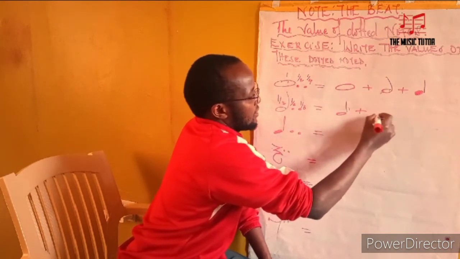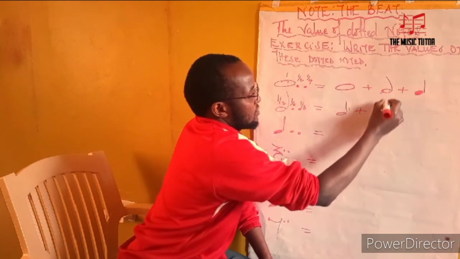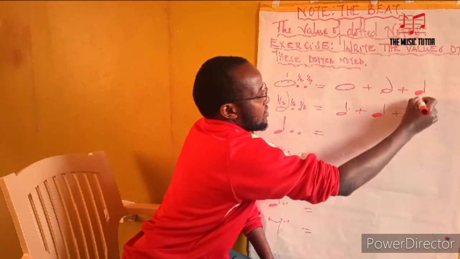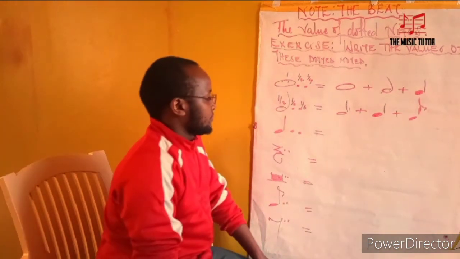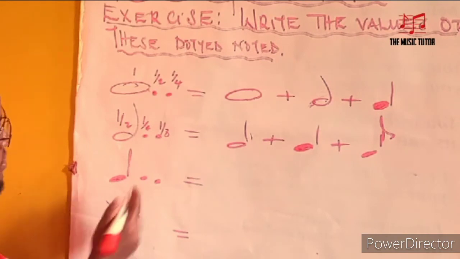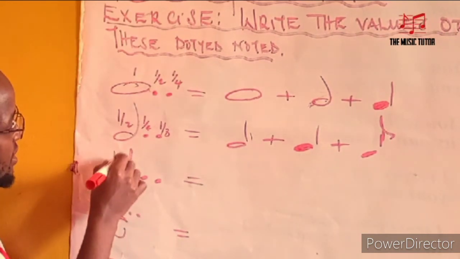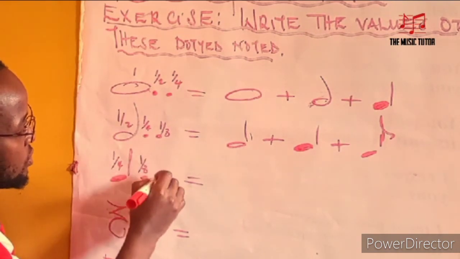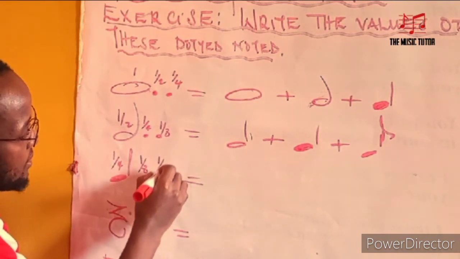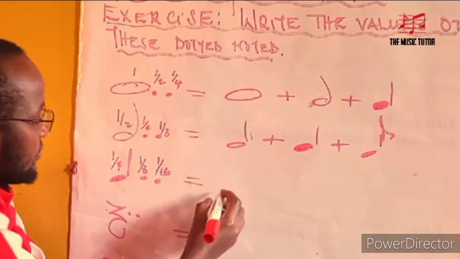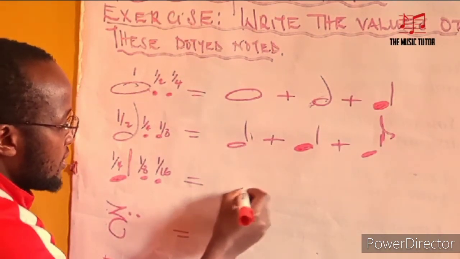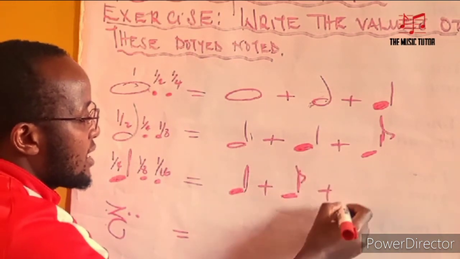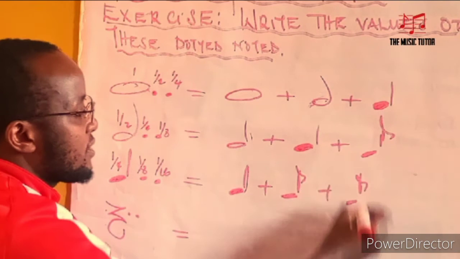plus a crochet plus a quaver. These are crochet double dotted, meaning these are quarter, this should be an eighth, this should be a 16th, meaning this should be a crochet, a quaver plus a semi-quaver.